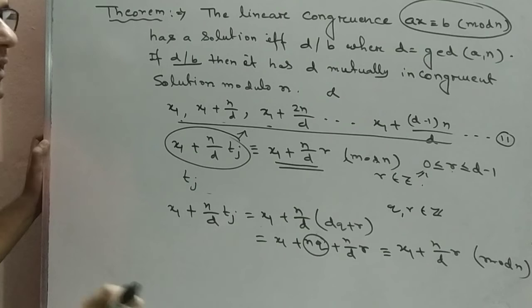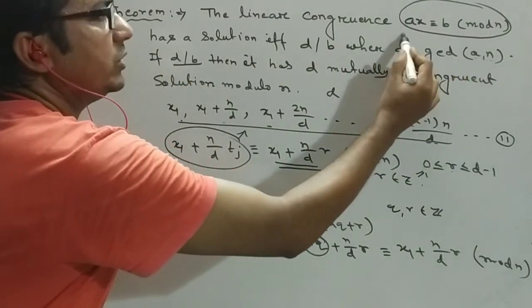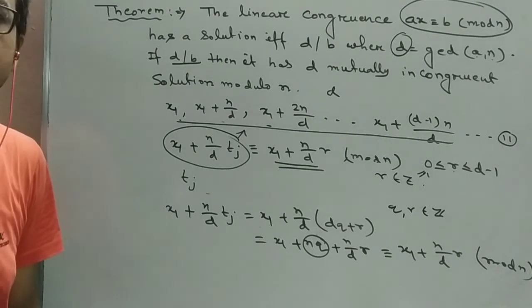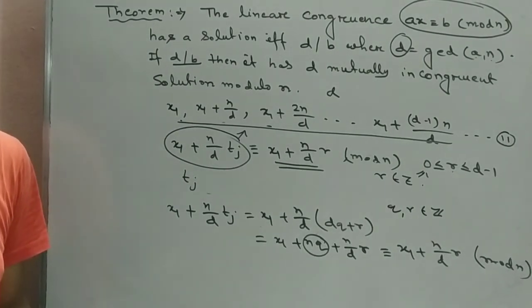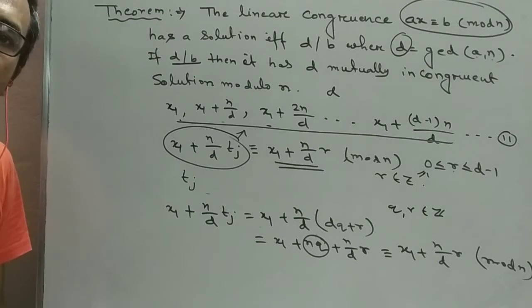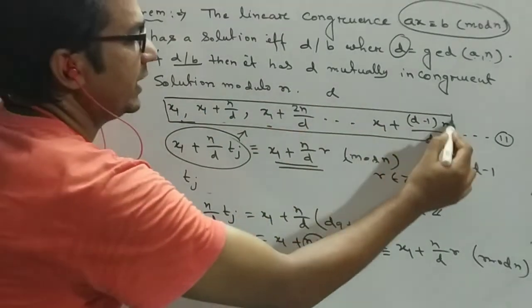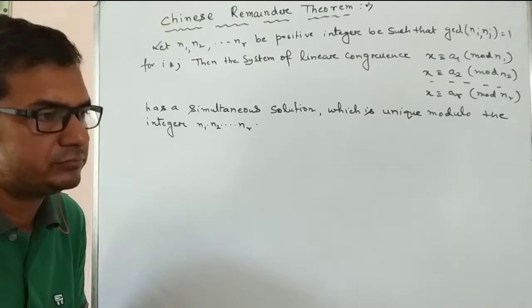That is, if GCD of a, n equals d, then d is the number of incongruent solutions, and all the other solutions are congruent to some one of these. This is a very important theorem of linear congruence.